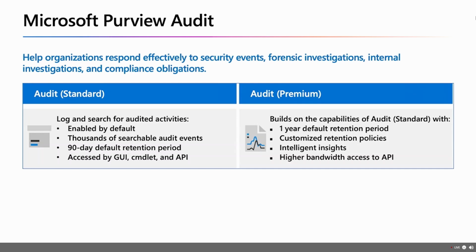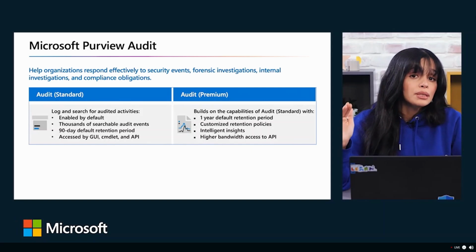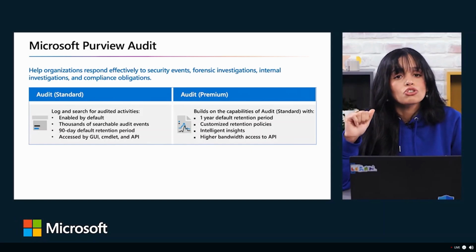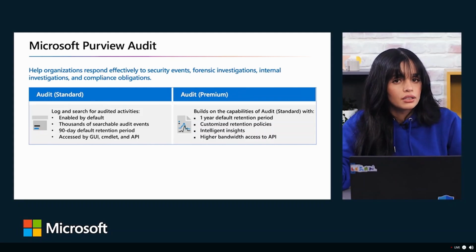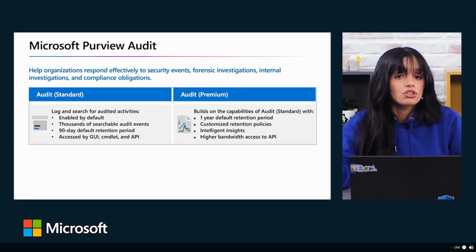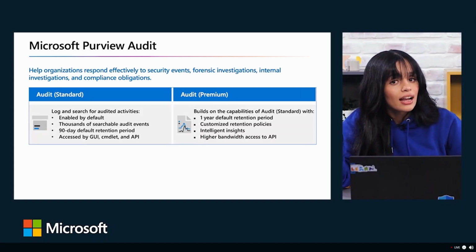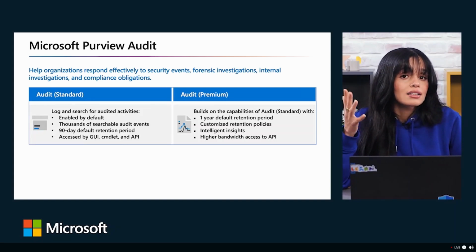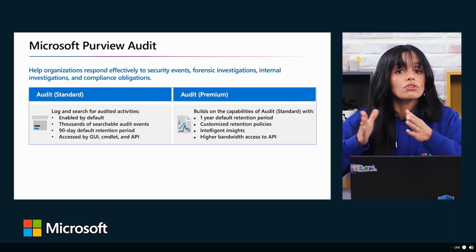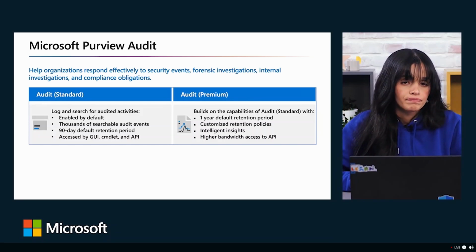On the other hand, Audit Premium builds on the capabilities of Audit Standard. Audit Premium provides longer retention of audit records with a default of 1 year. Also, customized audit log retention policies. It provides intelligent insights and more bandwidth to access audit logs through the Office 365 Management Activity API.